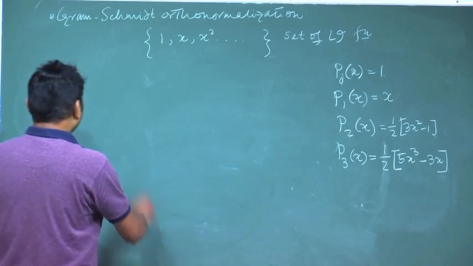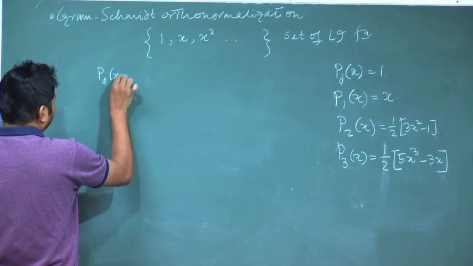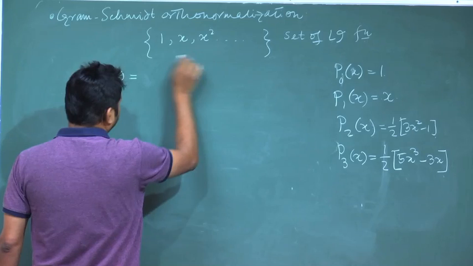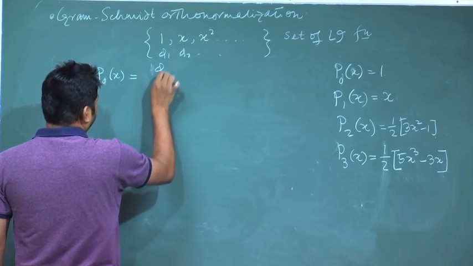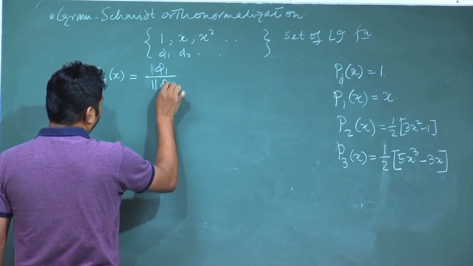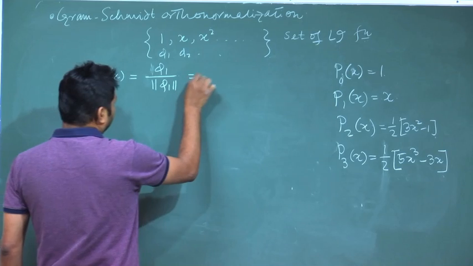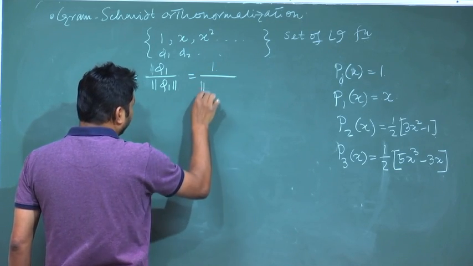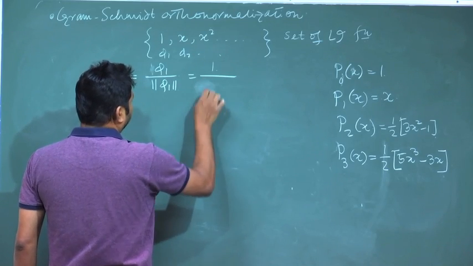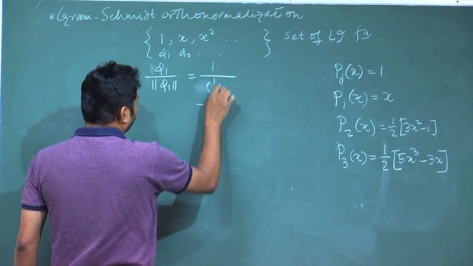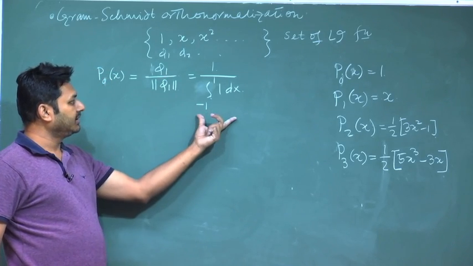If I start with that, what should be my p0 x, the first function? I know that if I write the functions as phi 1, phi 2 and so on, it is phi 1 divided by the norm of phi 1. Here phi 1 is 1, and the norm of phi 1 is the inner product of these things in the minus 1 to 1 limit.